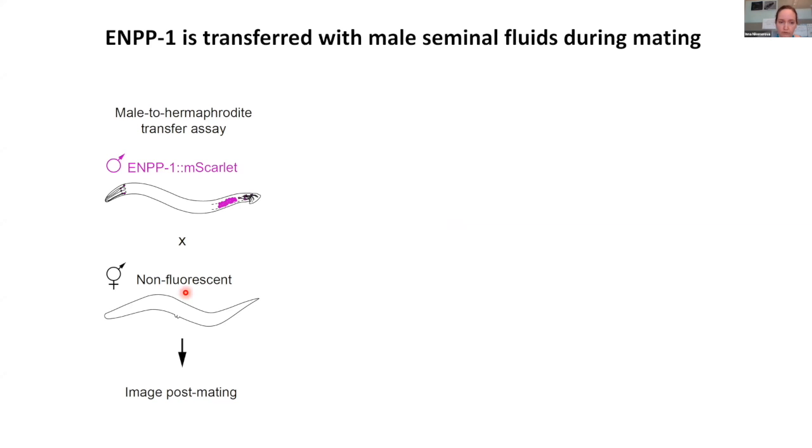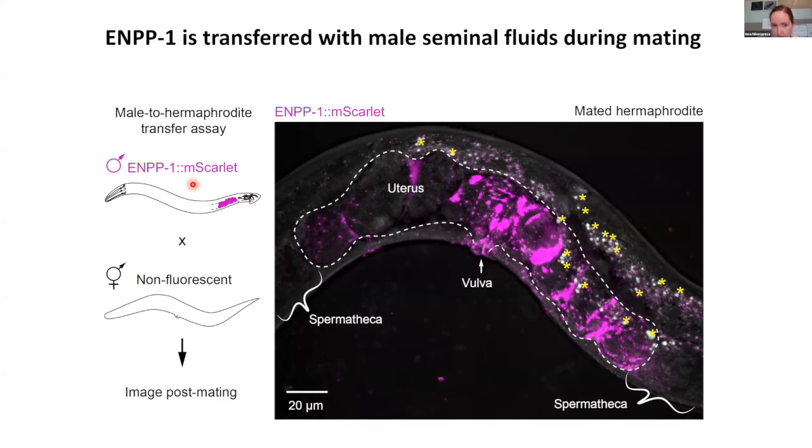So what we did, we took non-fluorescent hermaphrodite and our ENPP1 labeled male, we crossed them, and we actually discovered that whatever stored in those vacuoles is actually expelled with sperm into the uterus and stays in the uterus, presumably in the form of EVs. But we also didn't do electron microscopy, so we cannot say for sure that those are vesicles. But I mean, all the facts say that those are probably exosomes.